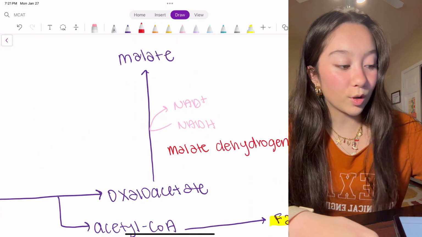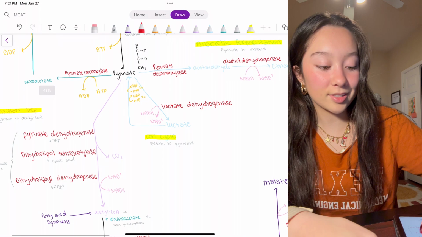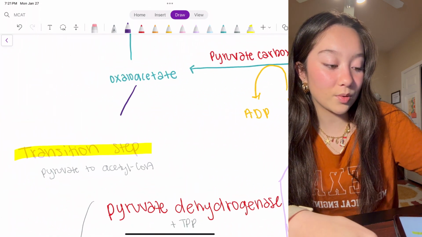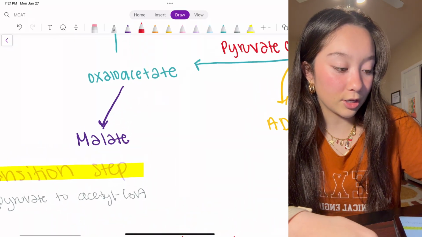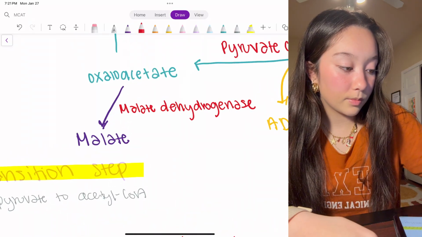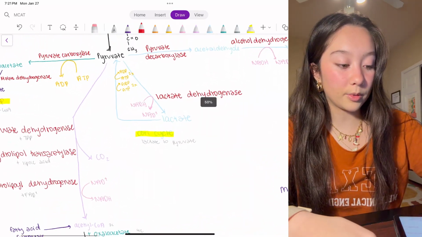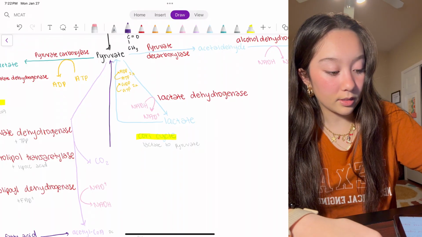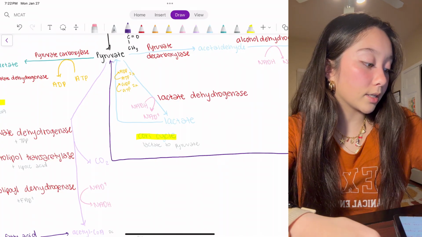And now it is also helpful to note that this oxaloacetate can also go through that exact same reaction, form malate with malate dehydrogenase. Now, if we zoom out, the last kind of overarching step that we can draw here is that malate has the ability to go all the way back to pyruvate.